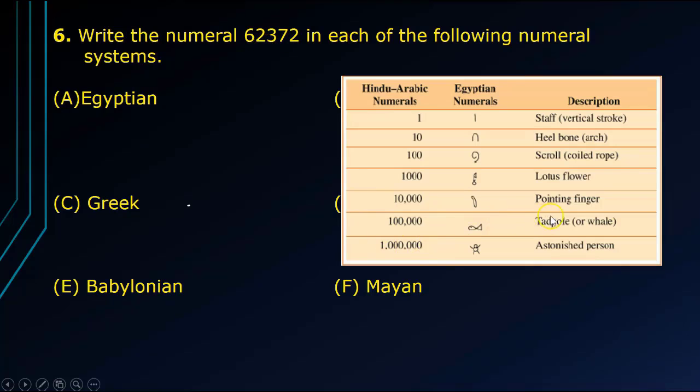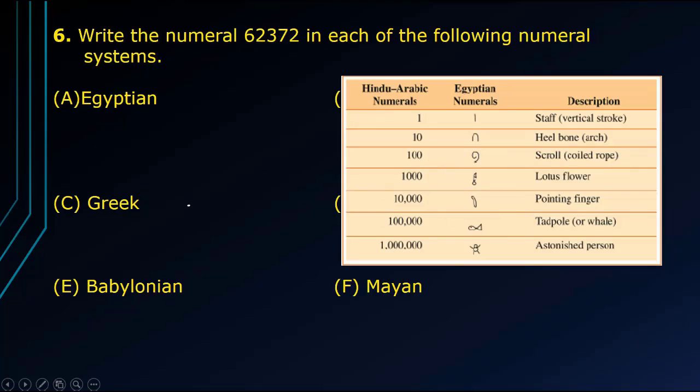I'm not going to be using the tadpole or whale. I am going to be using the pointing finger, I am going to possibly be using the lotus flower and so forth down the line. So when I look at this, I want to break this down into its various place values, and for Egyptian, this is very similar to our numbering system.